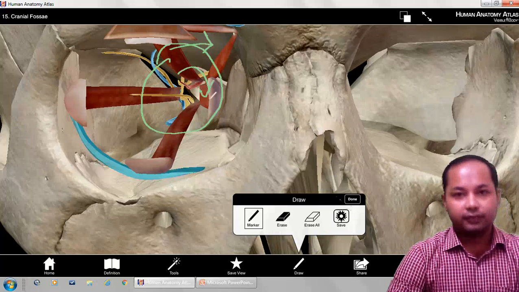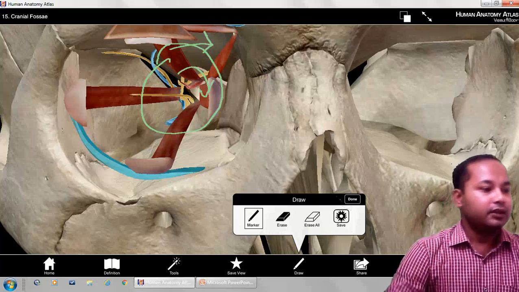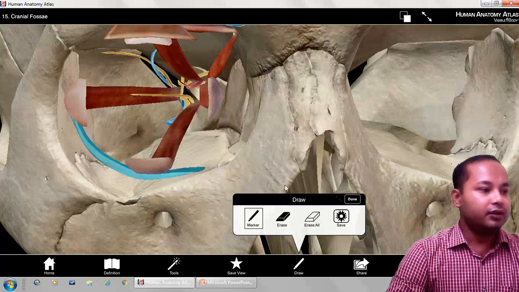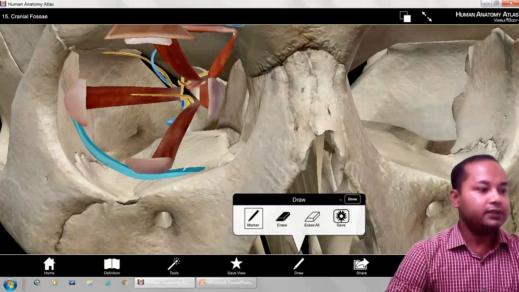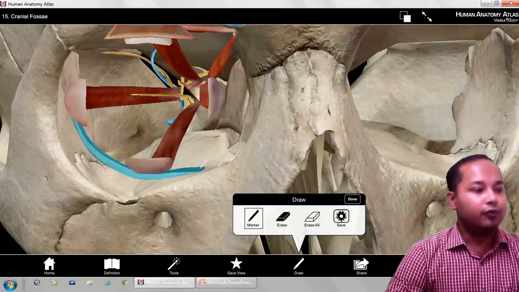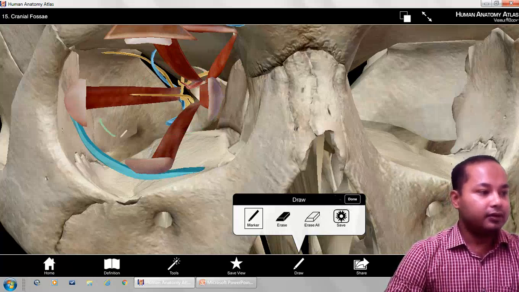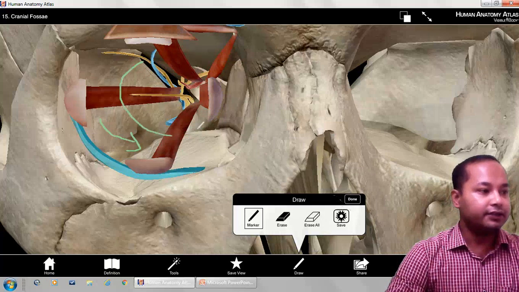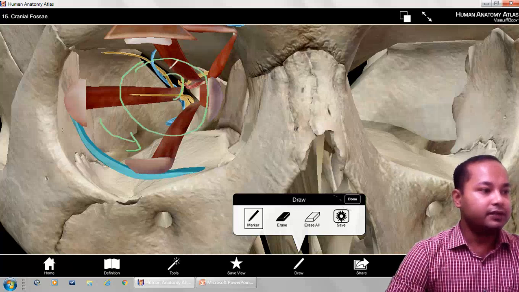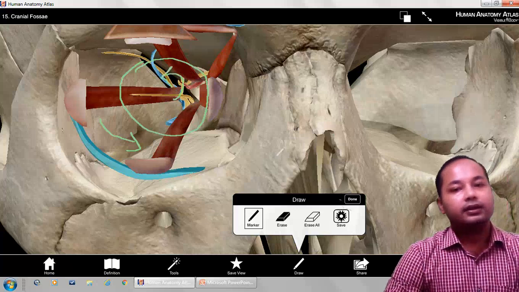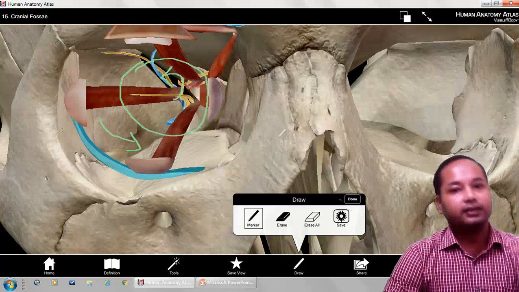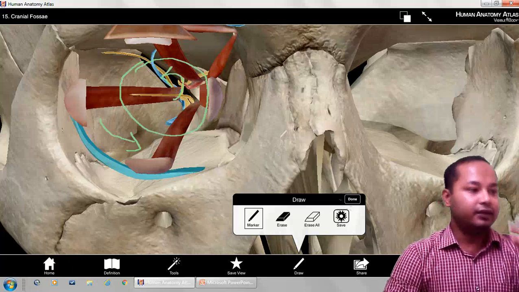Now if I erase it all and consider the movement of this inferior oblique muscle, which is attached to the floor, that is the maxilla bone, then it will contract and make the eyeball move in a different direction. What will be the direction? It will be the anti-clockwise movement of the eyeball, that is extorsion.